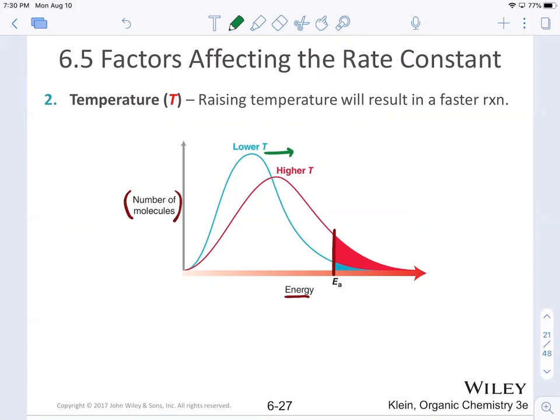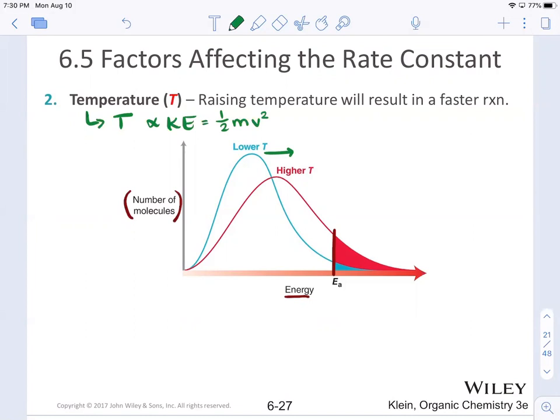Remember, temperature is proportional to kinetic energy, and kinetic energy is directly related to velocity. And so when we think about these molecules moving faster, they're hitting at a higher energy, right? They're colliding faster with a higher velocity. And so therefore, more molecules have enough energy to produce a reaction.